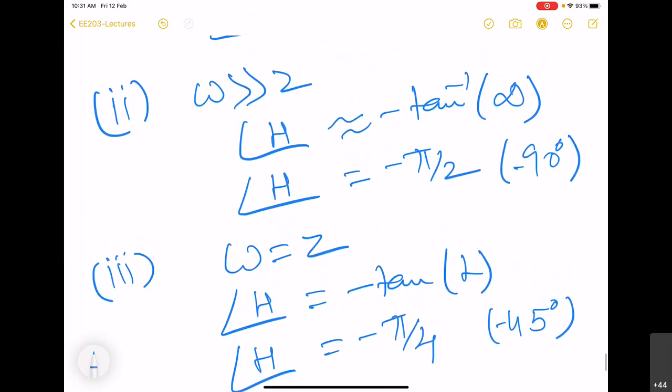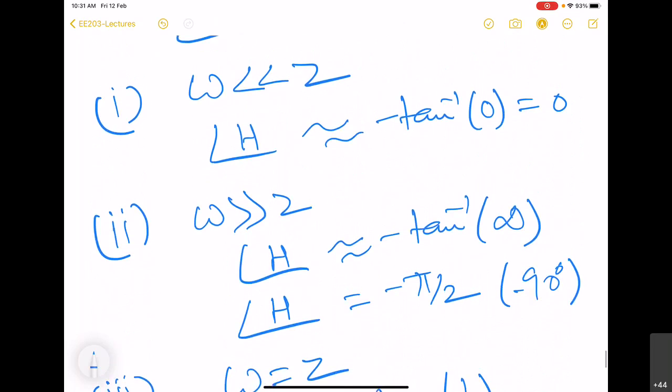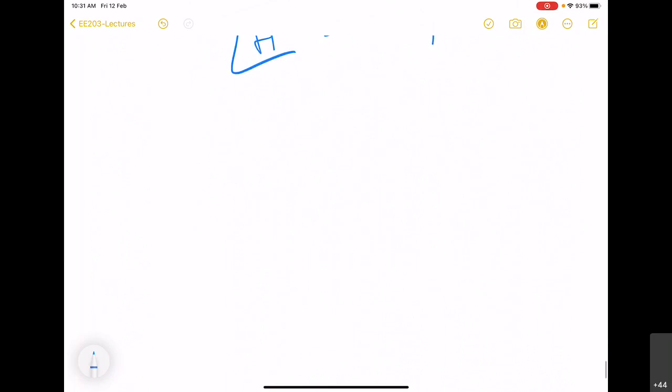So here we have three frequencies for which we know the phase values. So how do we plot then the phase plot? So here we have negative axis. All the values are negative, so that is why we have shown it in downward direction. And this is omega.